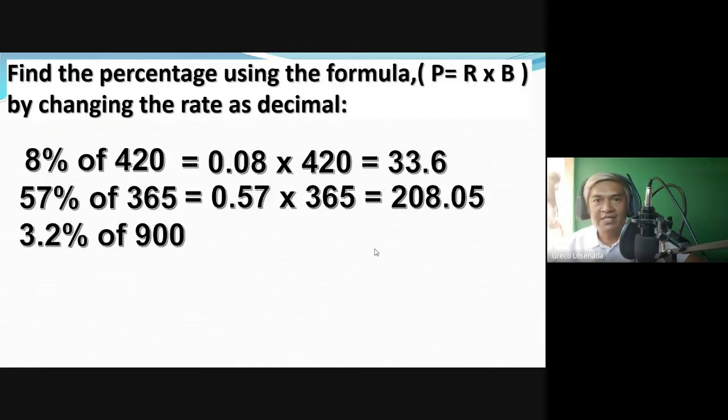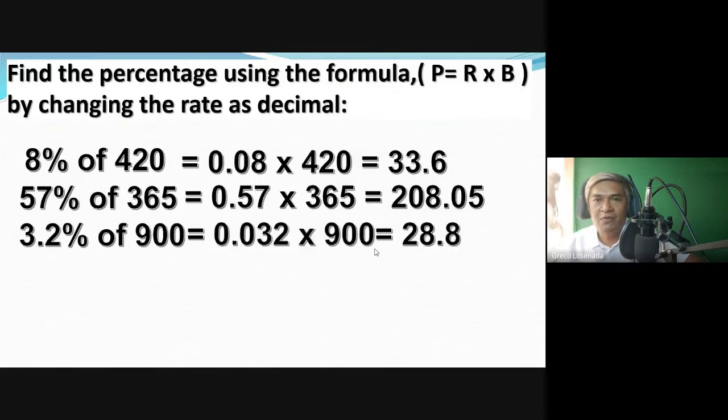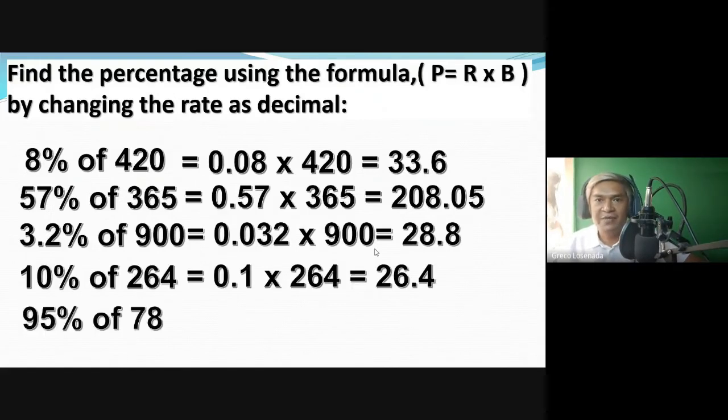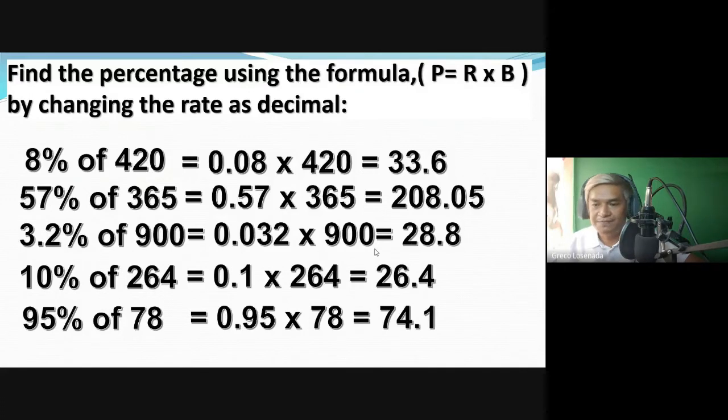Next, we are going to find 3.2% of 900, which is in the decimal form 0.032 multiplied by 900, giving us the percentage of 28.8. Now let's find 95% of 78, giving us the percentage of 74.1.